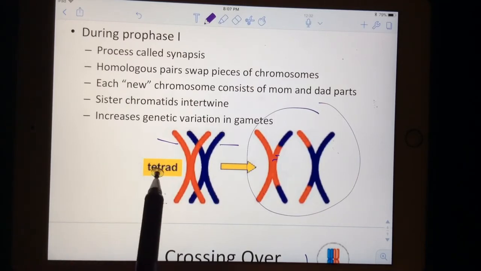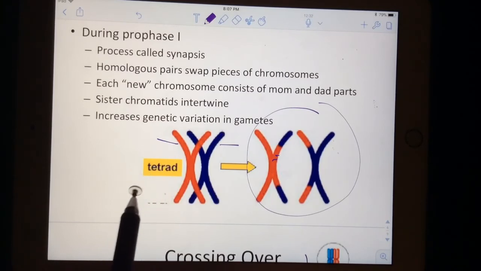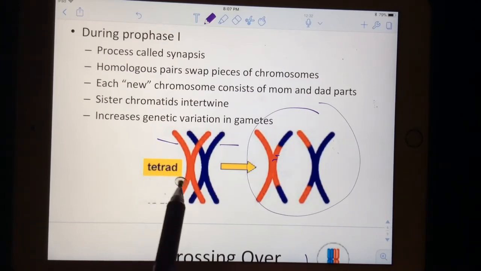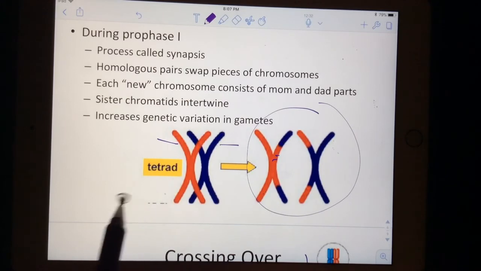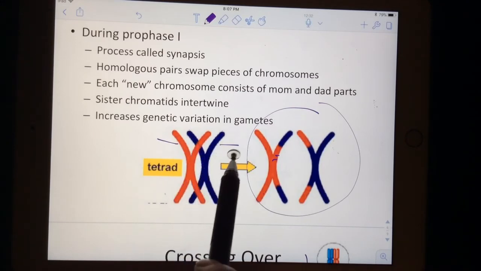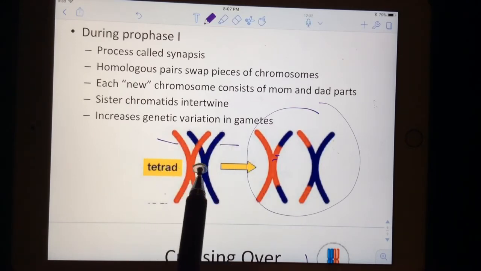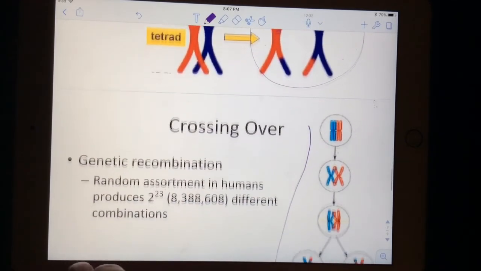A tetrad would be 4, like Tetris, a favorite game of mine, where you have 4 individual chromatids intertwining together. This right here is the reason why every egg that I make and every sperm a male makes is genetically unique, because every single time crossing over happens, it's random and it's new.